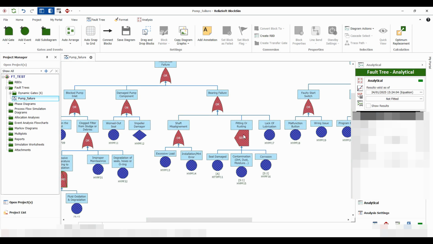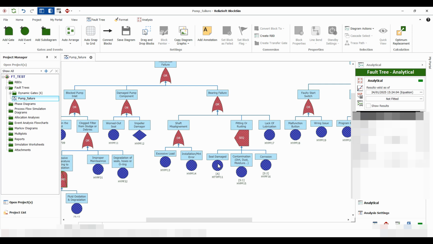And as I say here, we have another type of symbol: this sequence enforcing gate. Again, it is a dynamic gate of a fault tree, and it is a combination of three events which have to occur, as the name suggests, in a specific sequence.